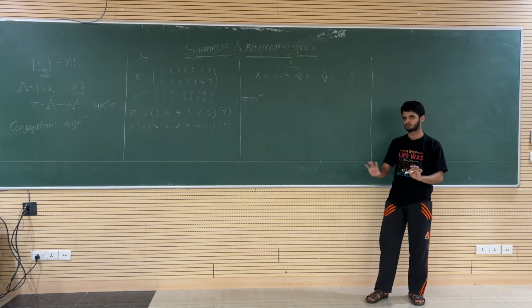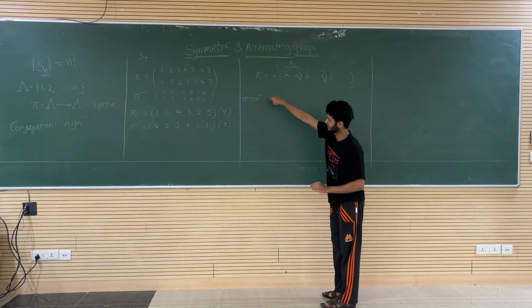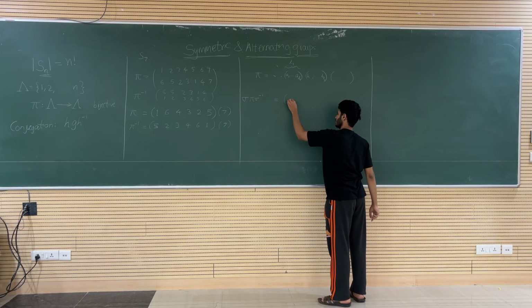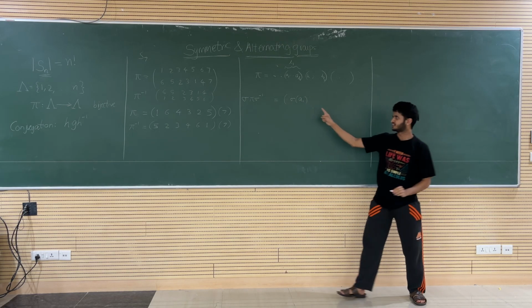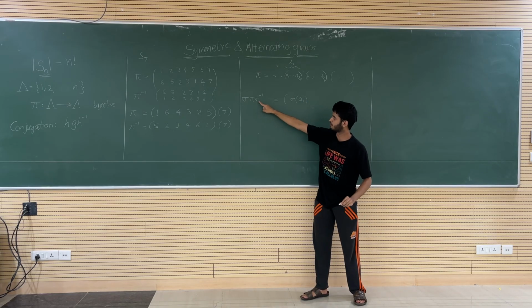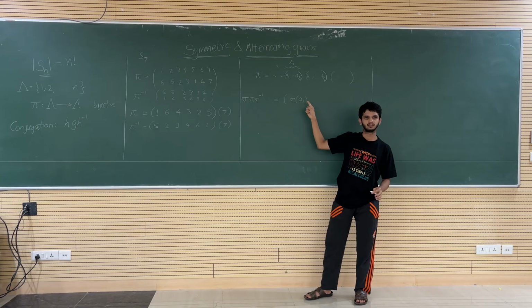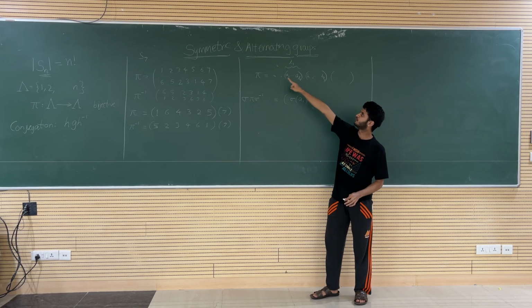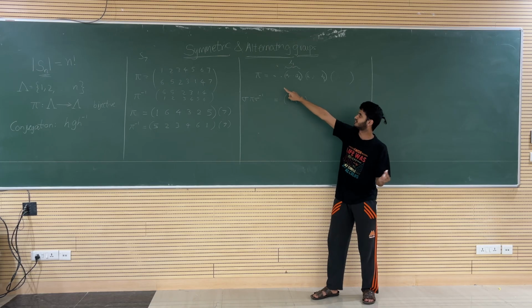I will prove why I am claiming this. Let's see what this does to sigma of A1. Sigma inverse and sigma get cancelled, so pi acts on A1. What does pi do to A1? It will send it to A2.